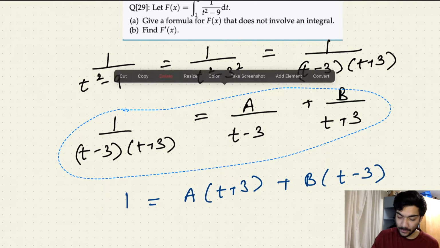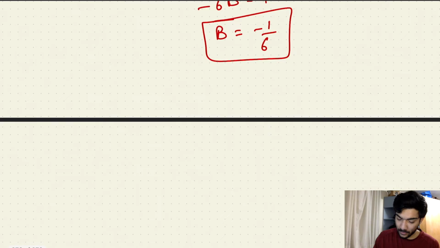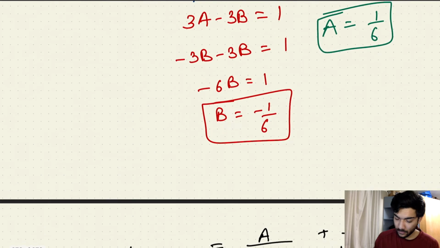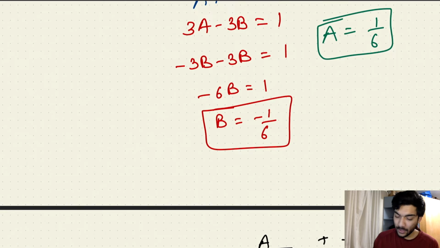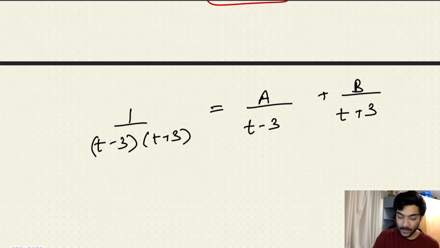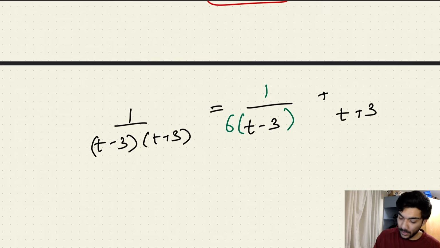So we can write this expression as simply A is 1 by 6, B is minus 1 by 6.